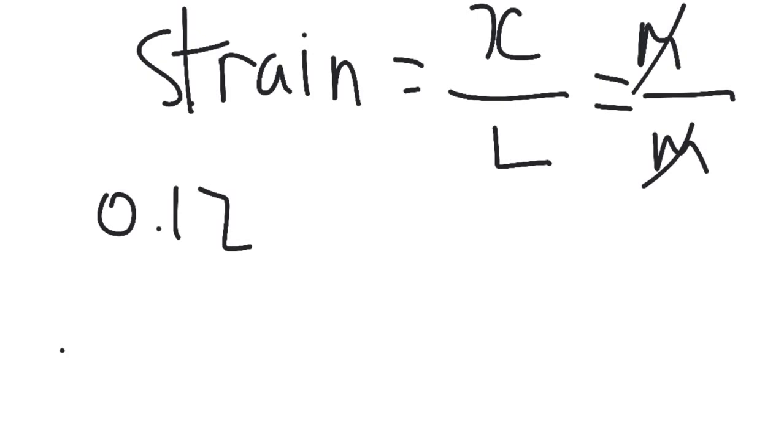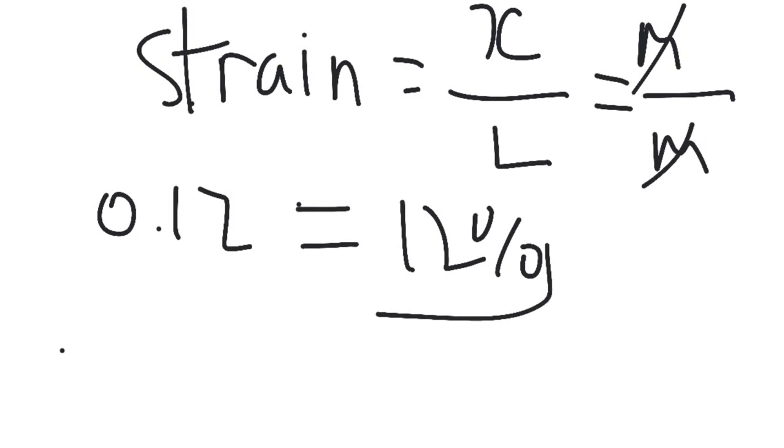It can also be represented as a percentage, which is essentially 12%. So you've got to watch out for strains represented as a percentage because they do come up like that, and that's quite nasty. Often on graphs you'll see strains represented as percentages. Sometimes they're just decimals, in which case you don't need to do anything with them. That's absolutely fine. But otherwise you're going to need to watch out for that.